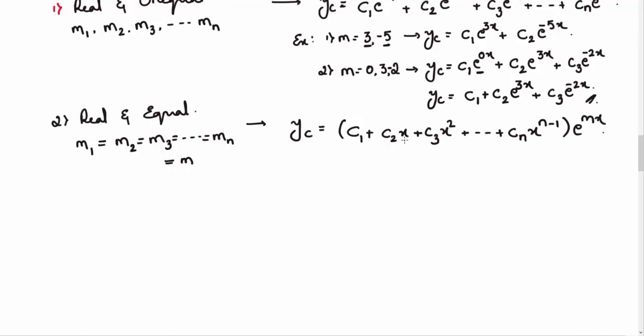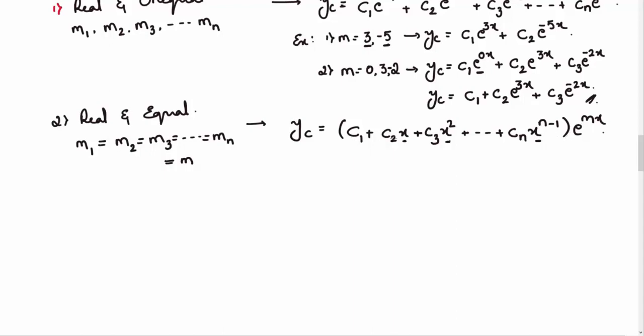Now why are we putting this x square and so on, x to the power n minus 1? Why can't we write c1 plus c2 plus c3 so on plus cn? Since, as we discussed, if there are n number of roots, in yc we have to put n number of constants. If I am not including this x square, x to the power n minus 1, then it will be c1 plus c2 plus c3 plus so on plus cn.